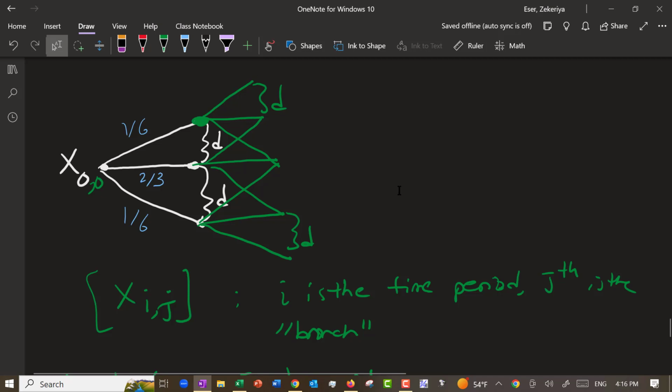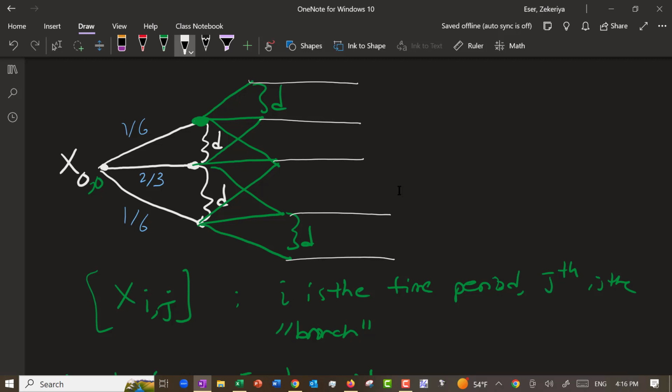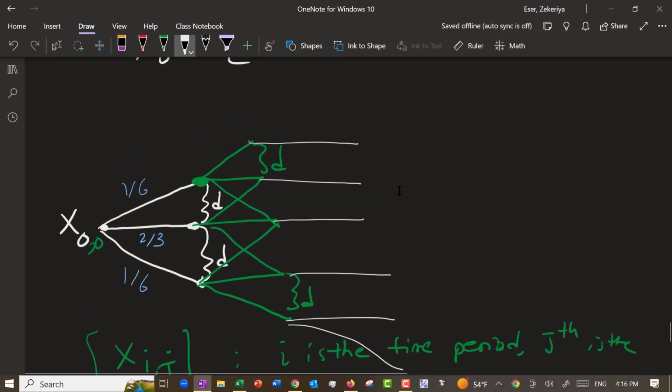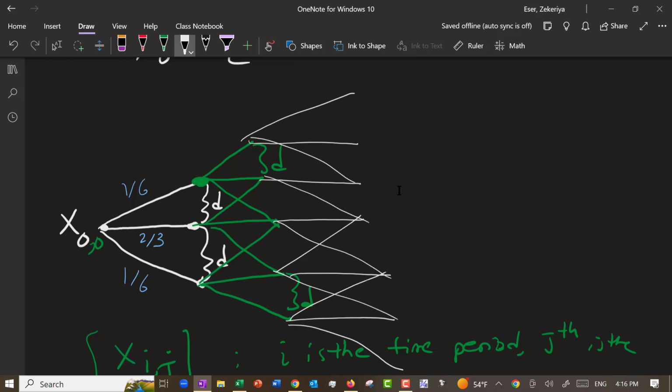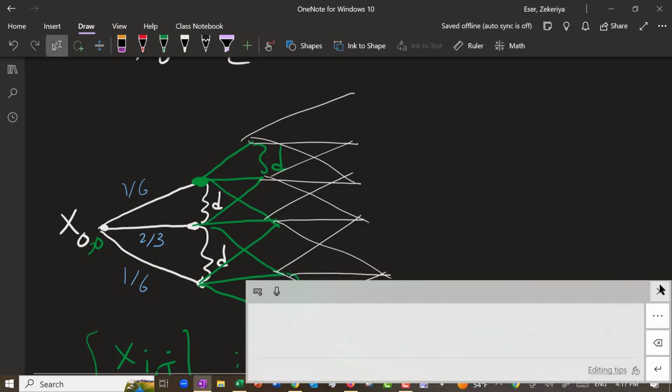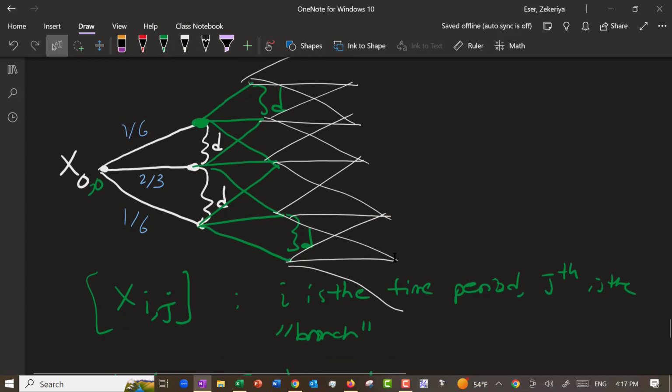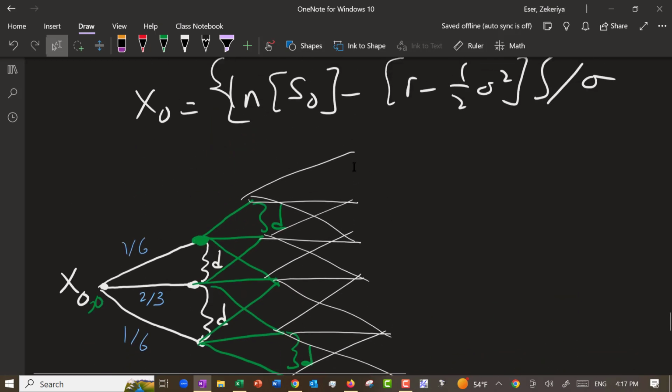The next one is negative 3d, negative 2d, negative d, 0, 1d, 2d, 3d.